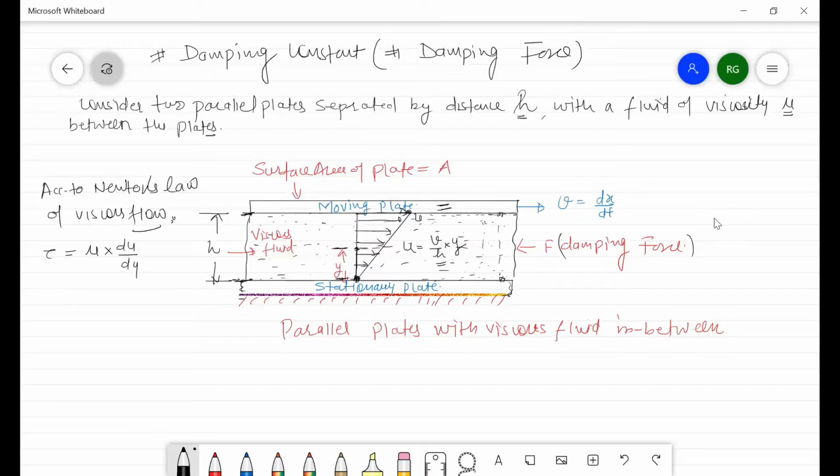And as we know, here du over dy is equal to v by h, right? V is the velocity of the layers that are in contact with the moving plate, and h is the distance between these two parallel plates. And this is the velocity gradient.